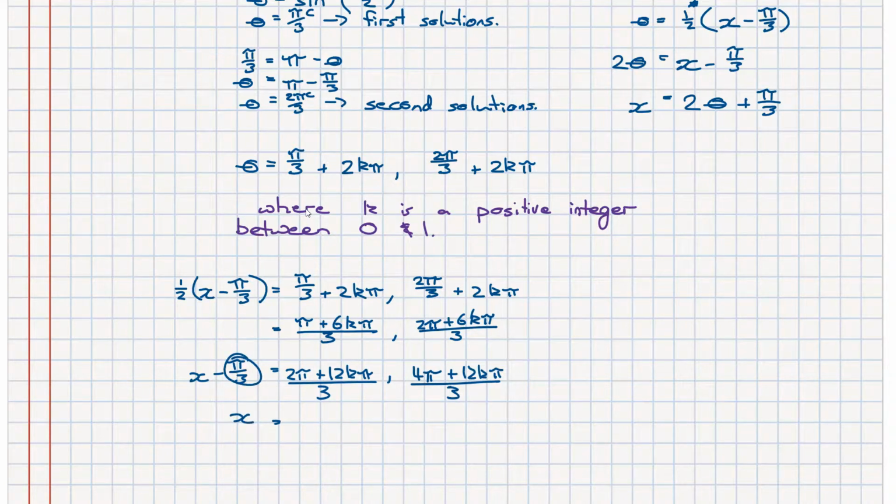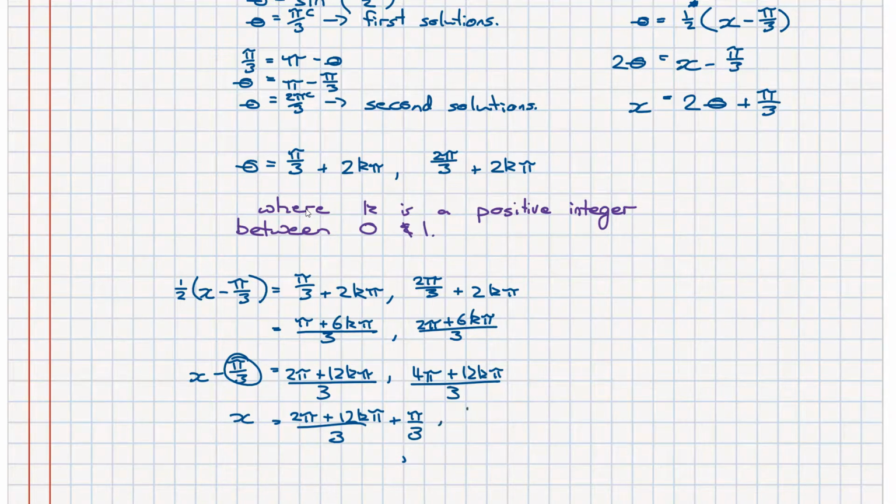And then we have to deal with this phase here. So I'm going to add pi on 3 to both sides of the equation. So what that will evaluate to will be 2 pi plus 12k pi all over 3 plus pi over 3.